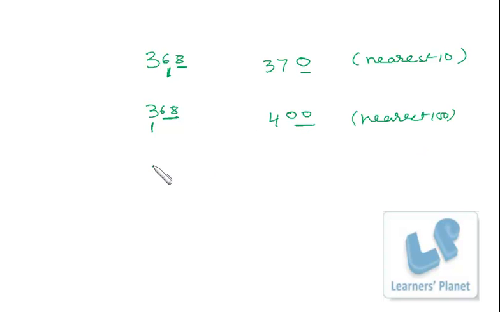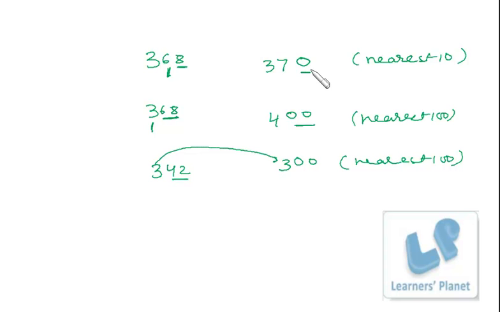Okay, if it is less than 50, suppose 342, so you put up 2 zeros, right? And if the last 2 digits are less than 50, then take this as it is. Okay, so this is nearest 100. So when you have to round off till nearest 10, then you see the unit digit and you put up 1 zero.